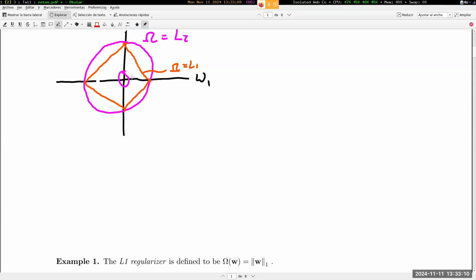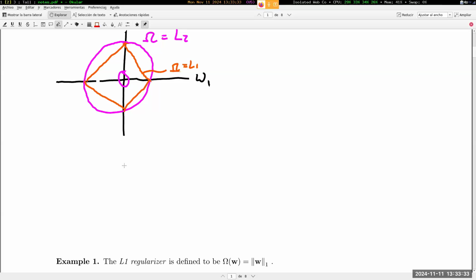The question is that the way I have drawn this, the inner circle right here, with a very small radius, we'll call this inner radius 1 and this outer radius, say, 10. This inner radius fits inside the square for the L1 regularizer.